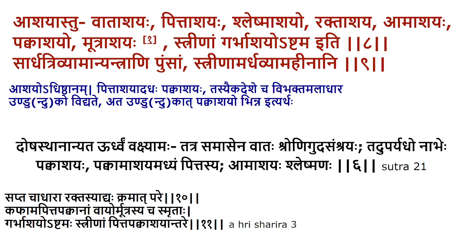What Sushruta has given importance to is that, depending upon the functions, they are named in different contexts with different names. Like Pittashaya adha Pakvashaya. Pakvashaya is a structure which is distal to the Pittashaya. Tasya ekadeshe vibhakta maladharam unduka ucyate. The other, unduka, is not different from Pakvashaya, is the meaning. Now that unduka, the fecal retaining structure, is the cecum as well as the large intestine further on.